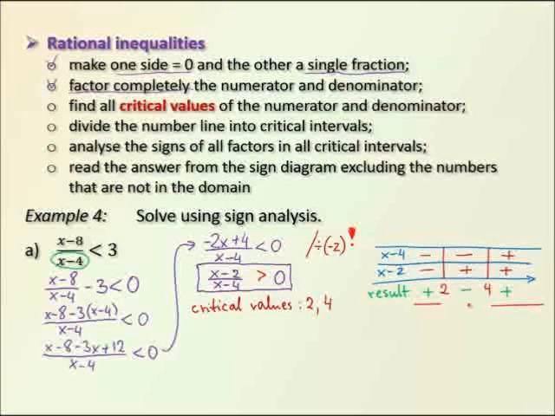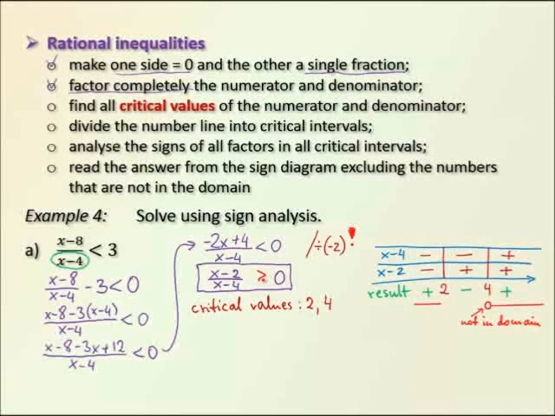We also need to check the endpoints. Since 4 is not in the domain of this expression, then 4 can't be taken. So it's an open circle. And we can make a record of it because 4 is not in the domain. Now the second number: if we would have the equal sign here, then it could be taken, because then the whole expression would be 0.